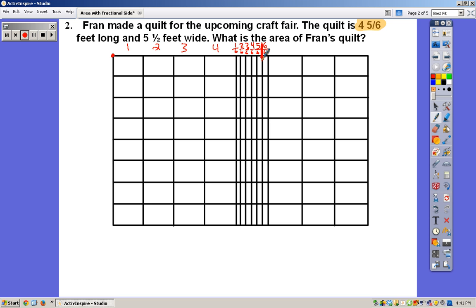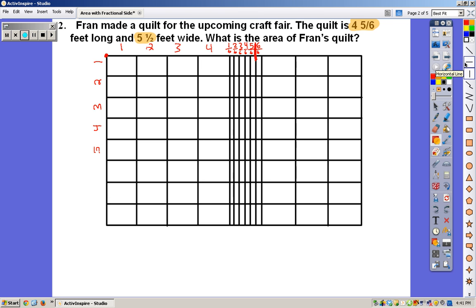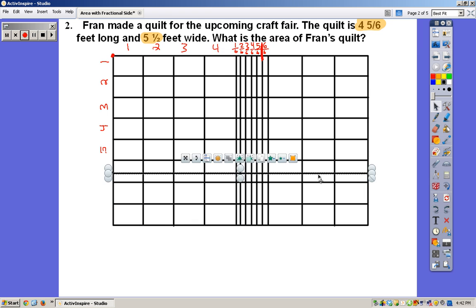Now we're going to count down by 5 1/2. So let's number off going down: 1, 2, 3, 4, 5. Well, the next one we have to break into halves to account for this half in 5 1/2. Move it up a little bit, it's not quite at a half.